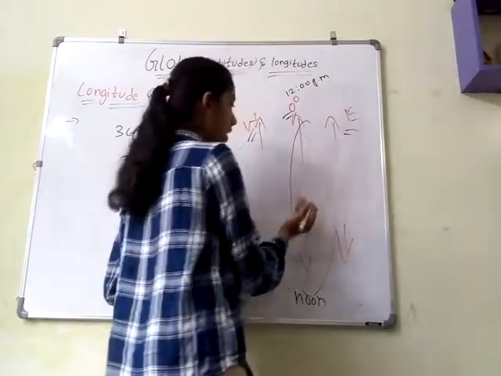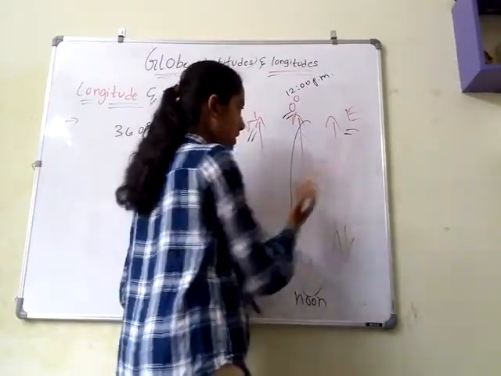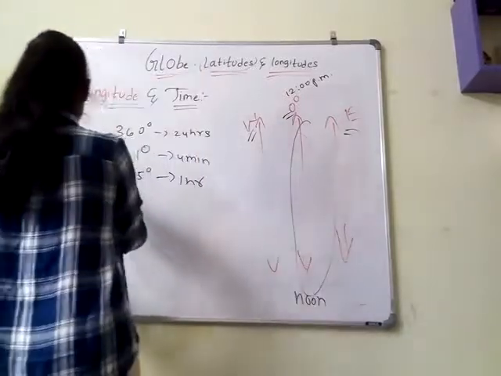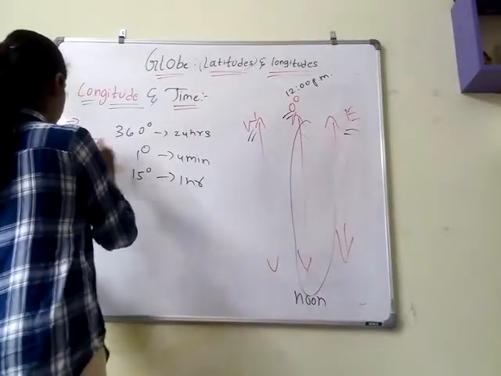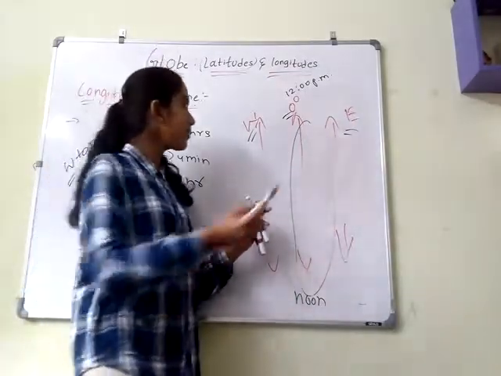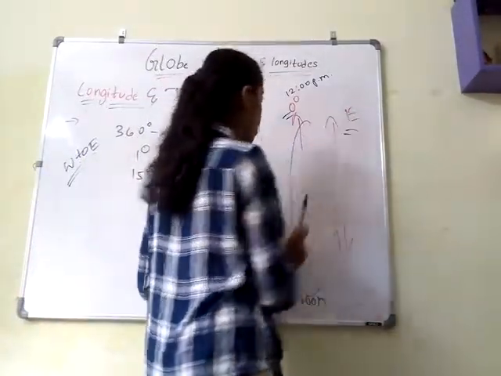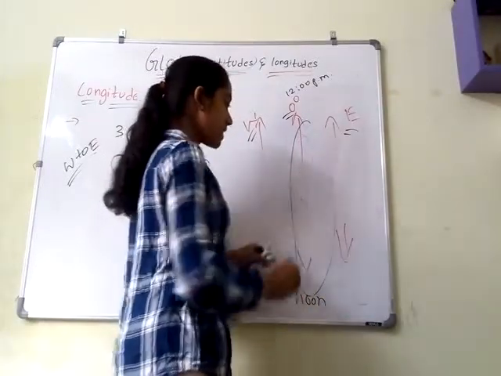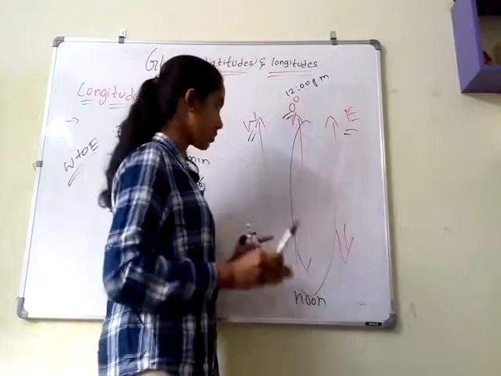The earth moves from west to east. So when it is 12 p.m. at Greenwich, that is noon, all the places along this longitude will experience noon.